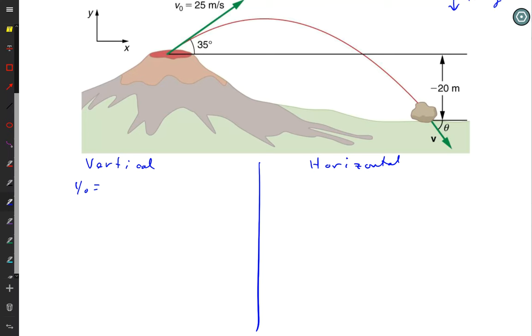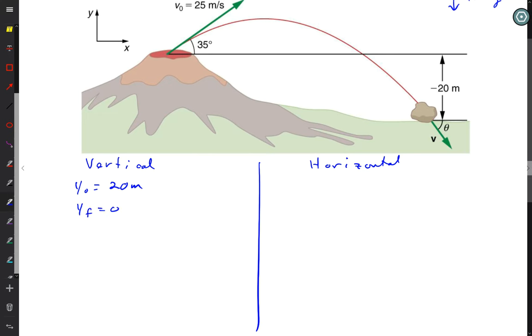Do I want to make the top of the volcano 0 or where it lands 0? It's a choice anyone can make. So somebody blurt out. Where it lands. Okay, so we're going to make where it lands 0. So that means it starts 20 meters above that. Let's assume that's two significant digits since it's ambiguous. The y final then is 0.